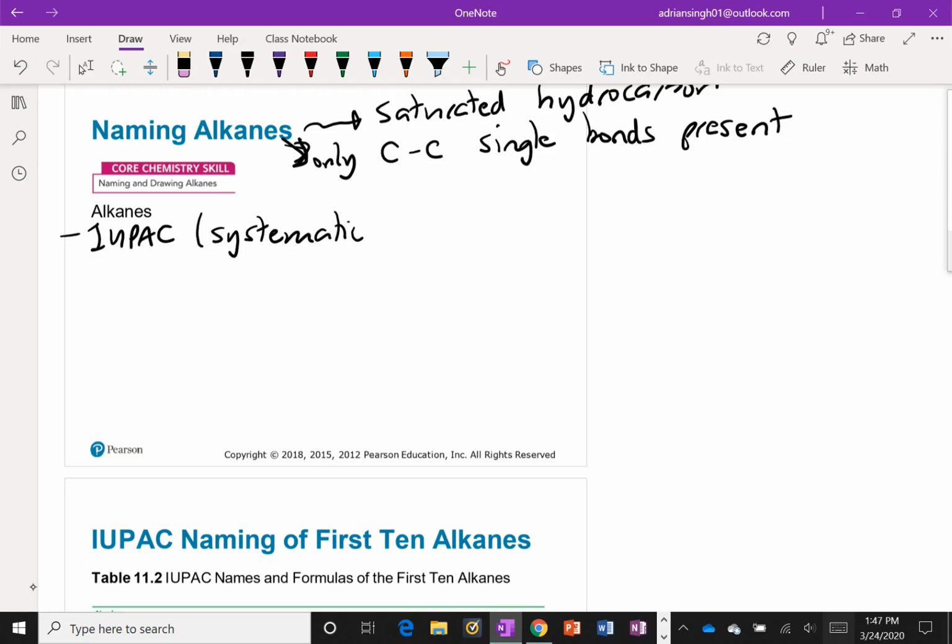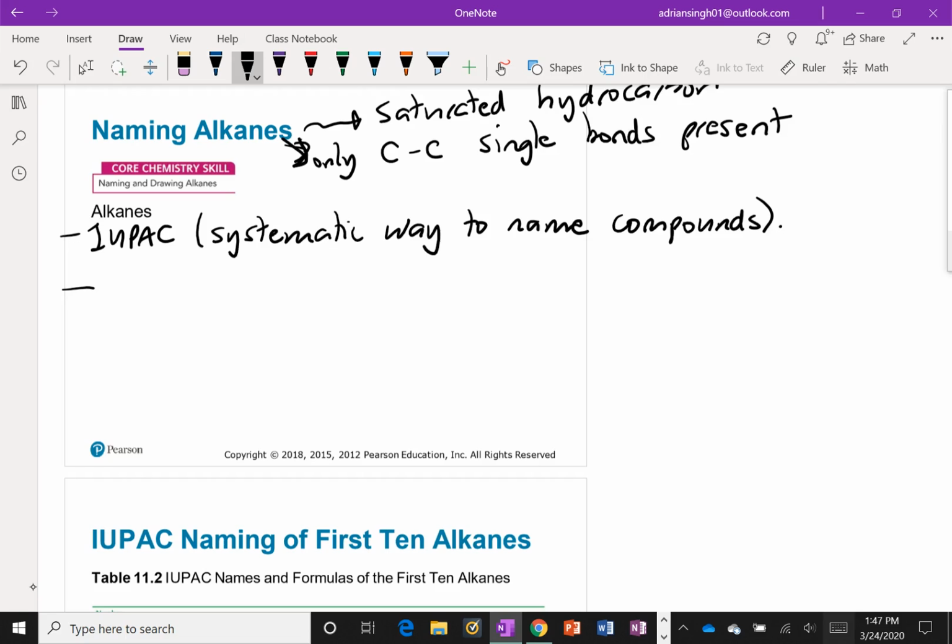They also have rules that govern organic compounds, and we're going to use those rules here. So a systematic way to name our compounds.